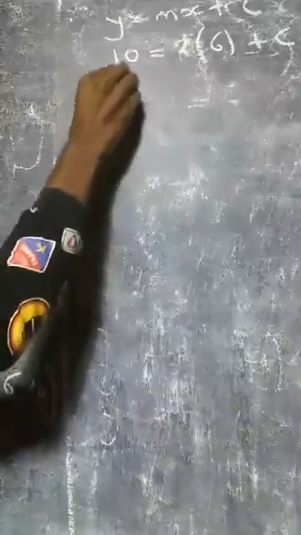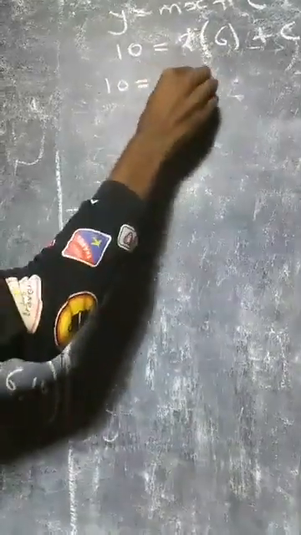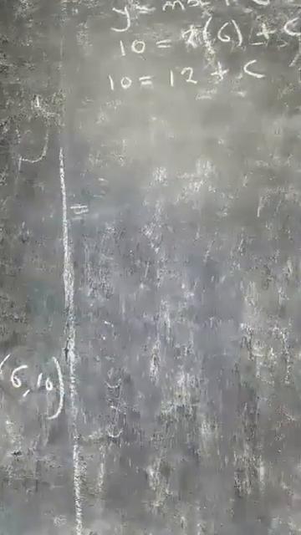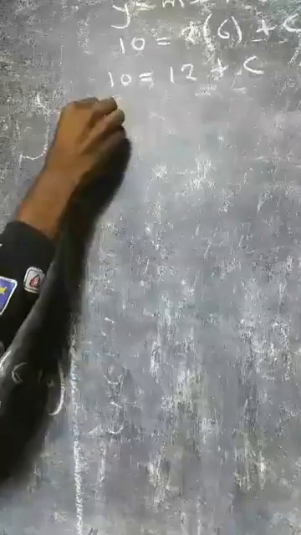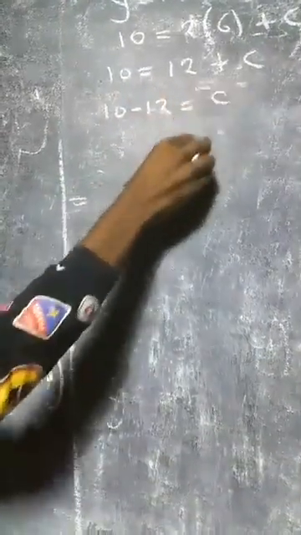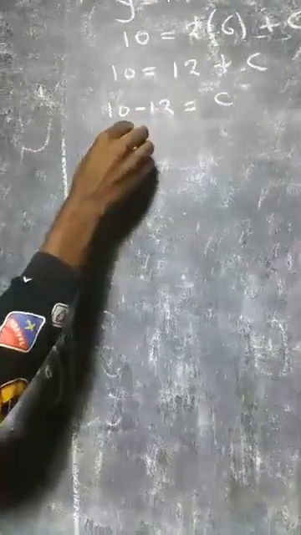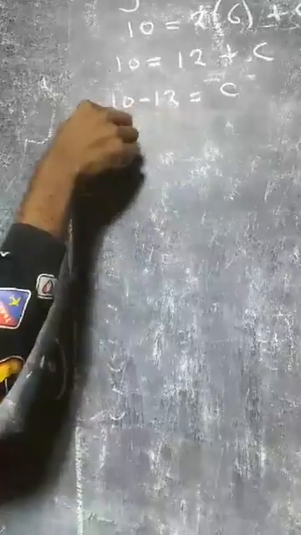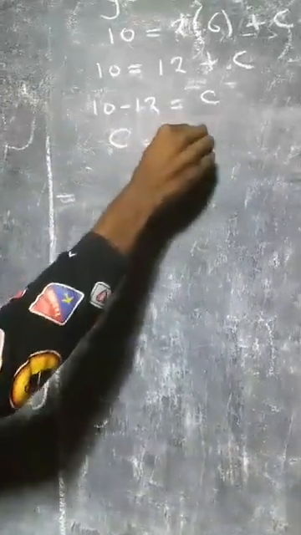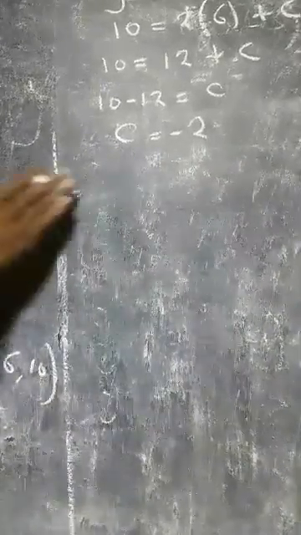So 10 is equal to 2 by 6, that's a 12, plus c. So 12 goes the other side, 10 minus 12 is equal to c. So 10 minus 12, that's equal to negative 2, because 12 is bigger. So that is your y-intercept or your constant.